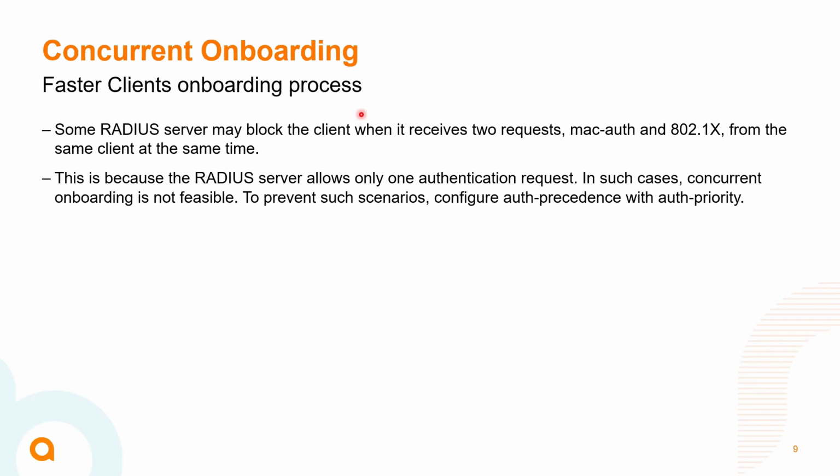In such situations, the concurrent onboarding will not help, because it sends both authentication requests to the Radius server for each client. So if you have a Radius server that allows only one authentication request per client, in those cases you have to move to auth priority, which is also being introduced as part of the 10.6 release and will be covered in the subsequent TOI.